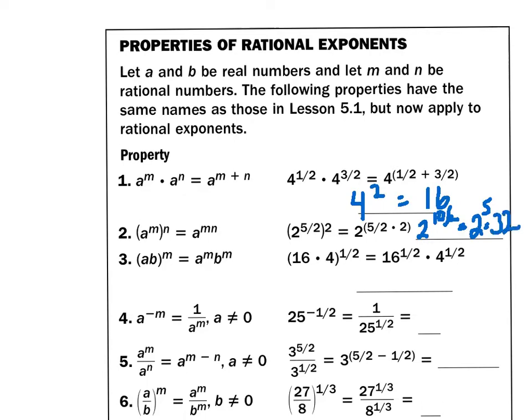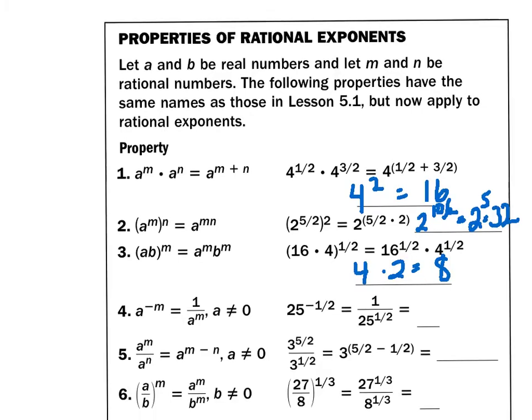If we have a number here, we can split it apart and then do the radical to both of them. So we can have 16 times 4 to the 1/2, or square root of 16 is 4. Square root of 4 is 2, so that equals 8. And then you know that the negative sign means flip it.